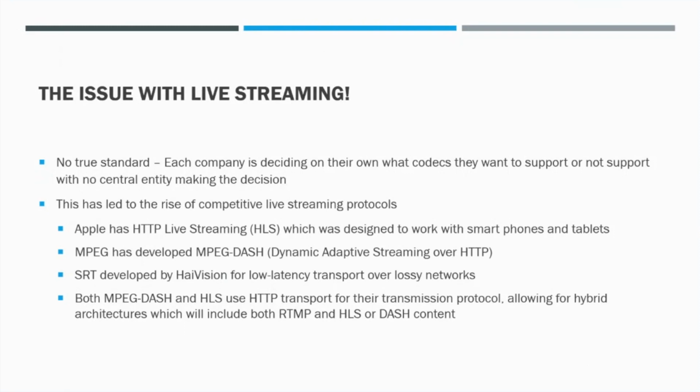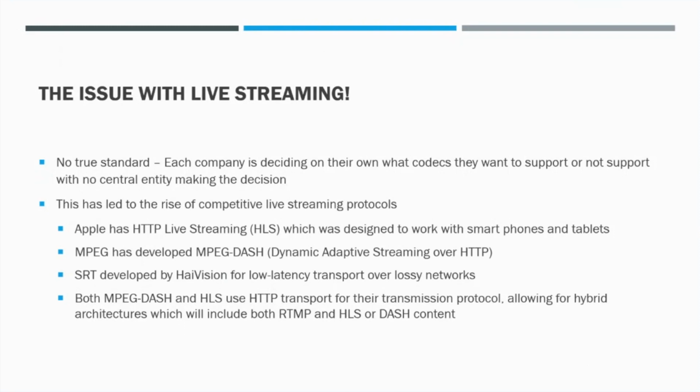Like I said, RTMP was developed to work with Flash and some of the earlier video viewers for live content. Then Apple developed HTTP live streaming, which we call HLS, to stream to iPhones, Macs and MacBooks, and it has since taken over and is the go-to for mobile devices.